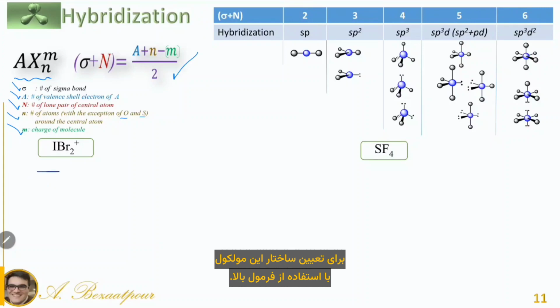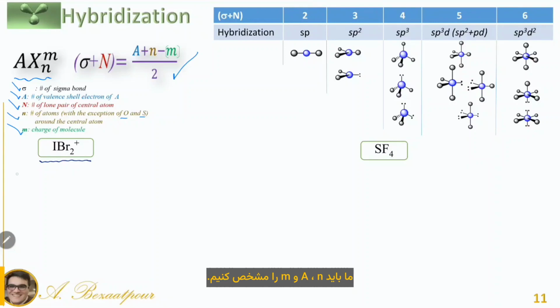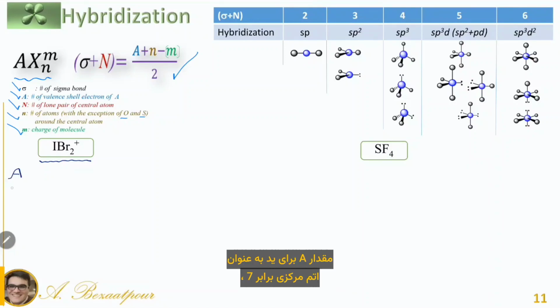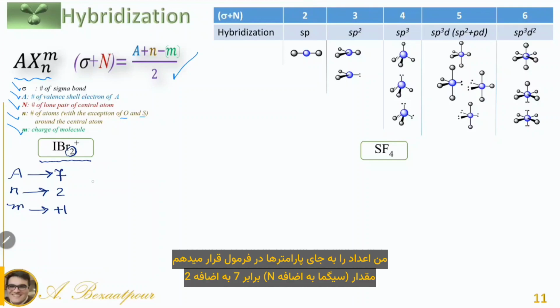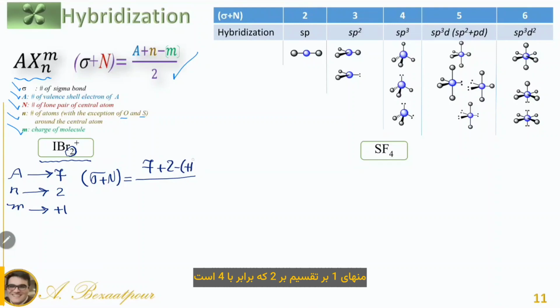To determine the structure of this molecule using the above formula, we must determine A, n, and m. A is 7 for iodine as the central atom, n is 2 because of 2 bromides around the central atom, and m is +1. Now, I put numbers instead of parameters in the formula. Sigma plus n equals (7 plus 2 minus 1) over 2, which equals 4.